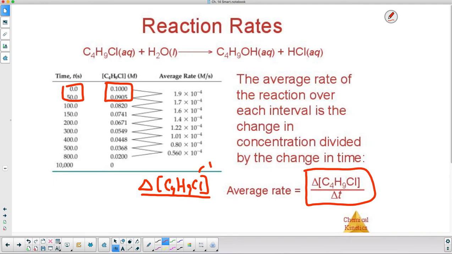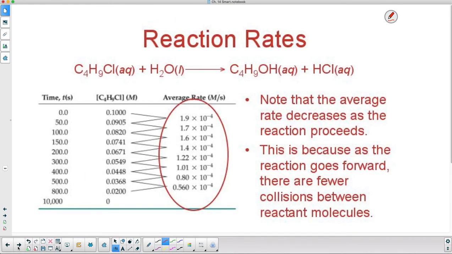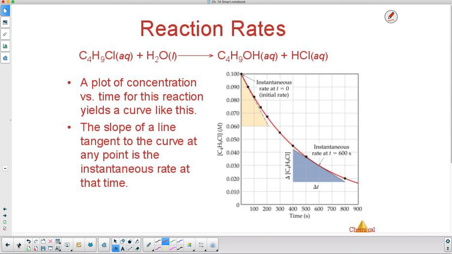Concentration, and in most cases this is molarity. And change in time. Notice that the average rate decreases. This is because as the reaction goes, there are fewer reactants to mix and produce product. So that makes sense. But if we graph it, then we see a little different picture.